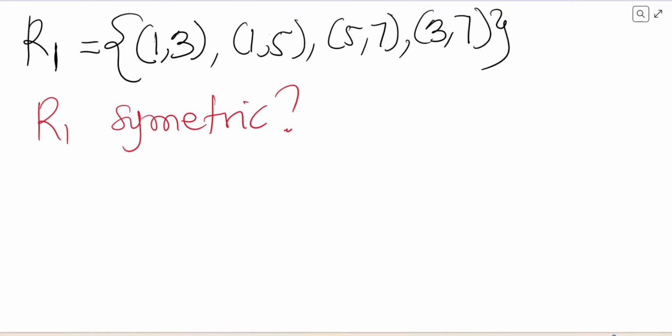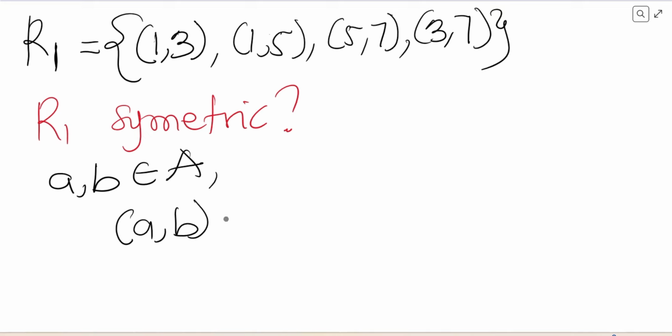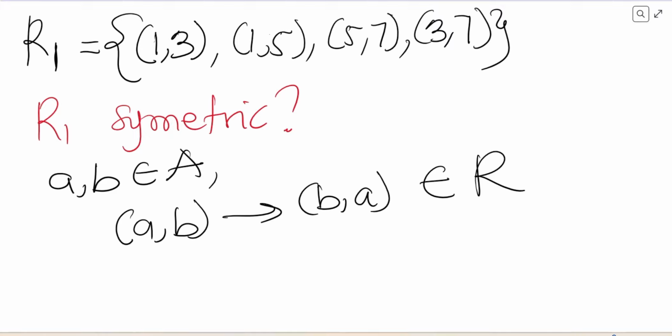The law for symmetric relation says that for elements a and b in a set A, if we have a relating to b, then it implies that b must also relate to a. These two must belong to the relation R.